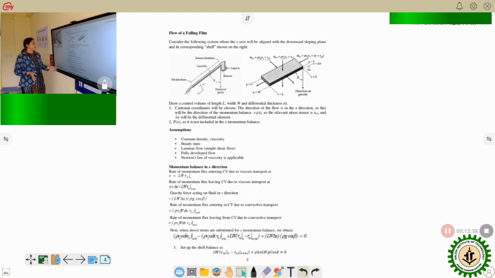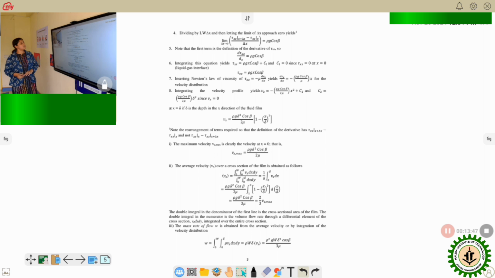First, we made some assumptions, and then finally we got the velocity distribution Vz equals rho g delta square cos beta divided by 2 mu into 1 minus x by delta, whole square. Then we got the maximum velocity Vz max equals rho g delta square cos beta divided by 2 mu.